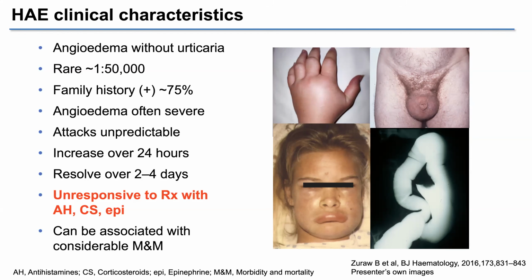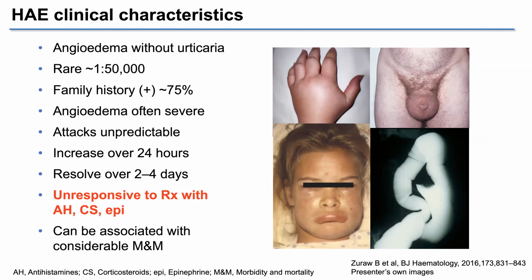And I would say they tend to progress more slowly than histamine-mediated angioedema, but relentlessly over about 24 hours in most cases, and then plateau and slowly resolve over 2 to 4 days. So the total duration of an attack in HAE tends to be considerably longer than mast cell or histamine-mediated angioedema.